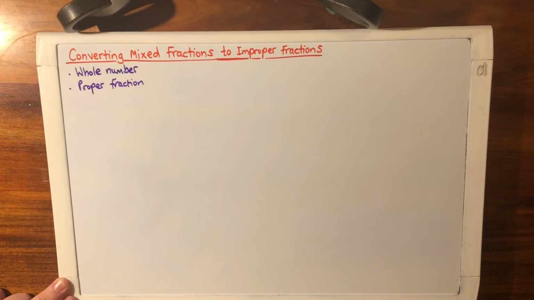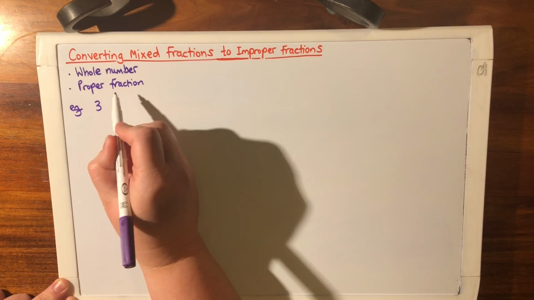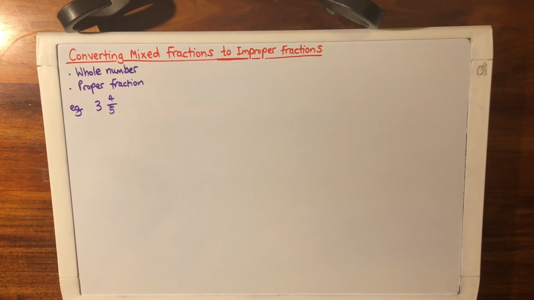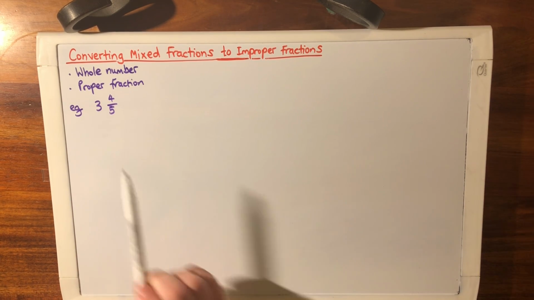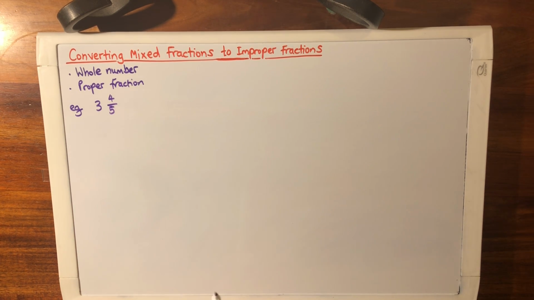Okay, for example, let's have the mixed fraction 3 wholes and 4/5. So what does this really mean? Here we have our whole number and we have our proper fraction 4/5.